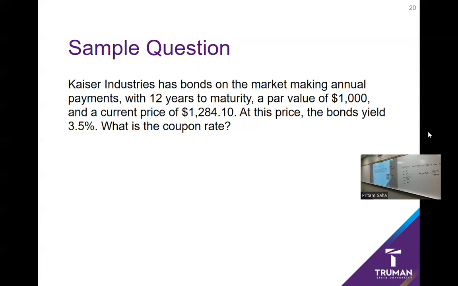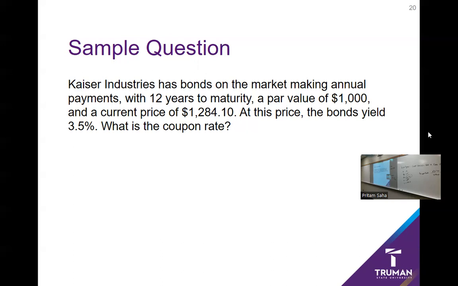Makes sense. Nothing new. Find the payment and we know the formula. The job is easy because it's annual. If it was not annual, you have to multiply by the frequency. If it was semi-annual, multiply by 2.